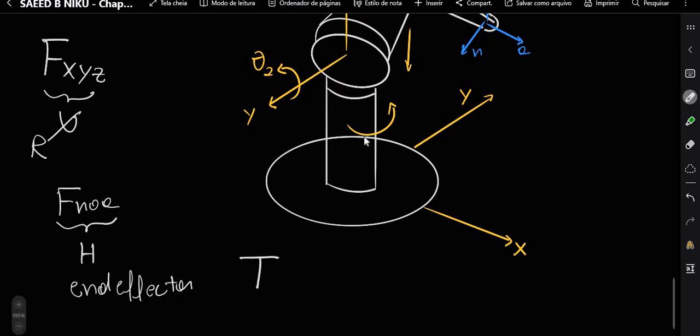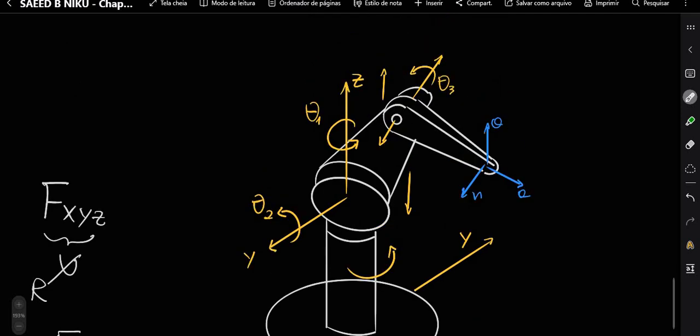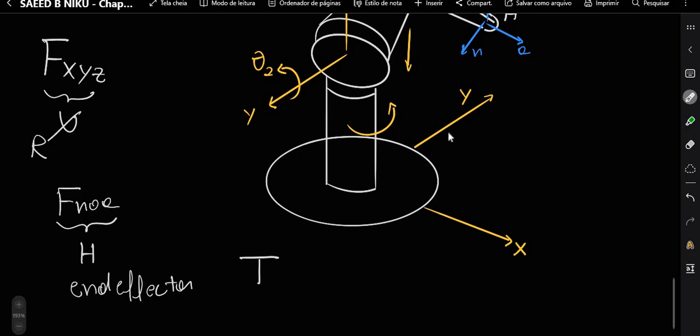This transformation is pretty much saying the whole motion that this robot is going to do, the task that it is going to perform. So right here is the end effector, and right here the universe.